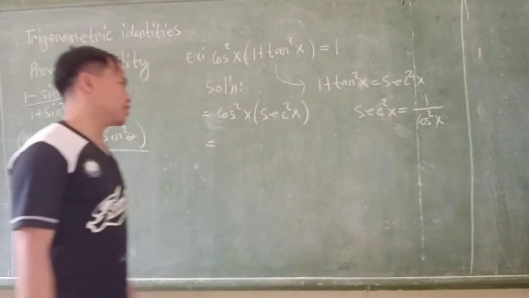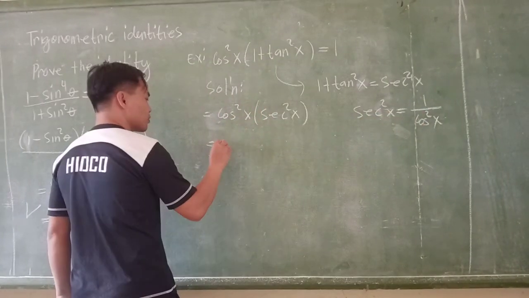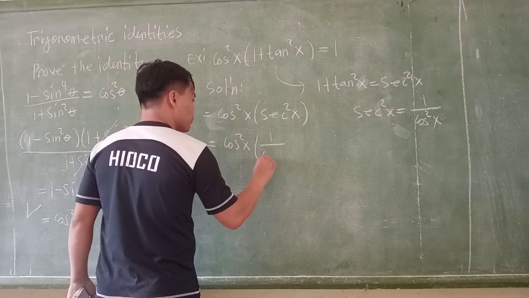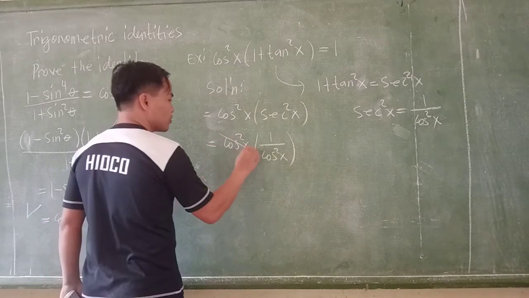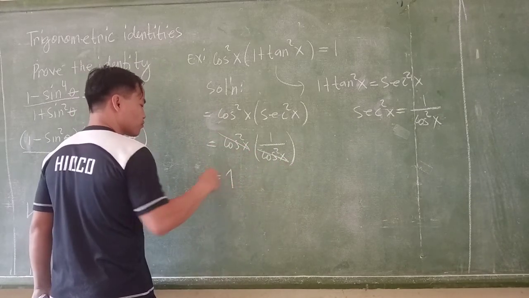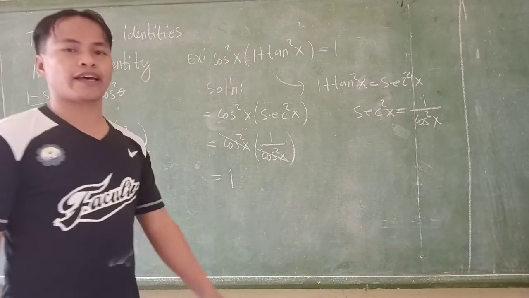Pwede ko talaga nito, no? Instead of writing this one, sulat natin yung 1 over cos squared x. So we have cos squared x times 1 over cos squared x. Cancel na din siya, no? Nabilin 1. Okay, 1 ang nabilin. So, therefore, we are really an identity.